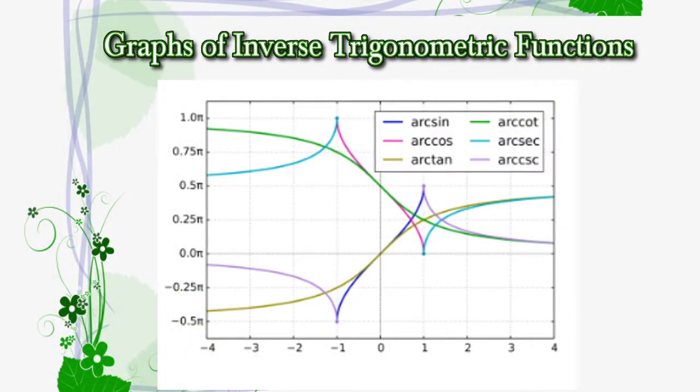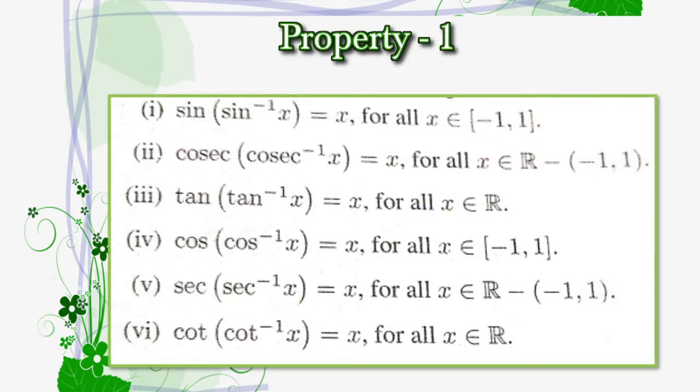So these are the graphs of inverse trigonometric functions that we have already learned. So first property says that sine of sine inverse x will give us x in return when our x belongs to this domain. At this point of time, this is considered as trigonometric function. In fact, all these six functions will be considered as trigonometric functions.